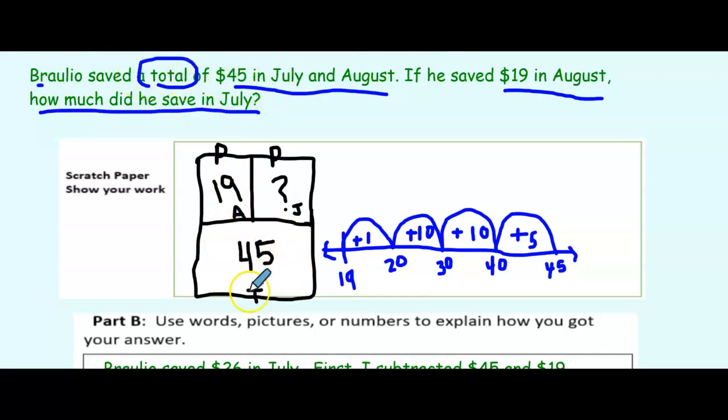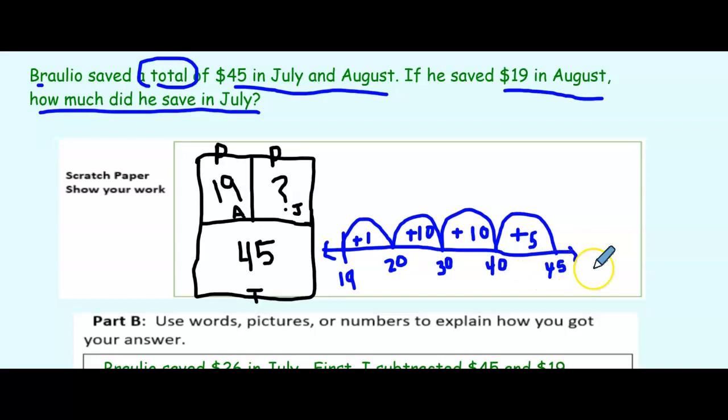Your $45 should be in your total box. He saved $19 in August. That's part of the total. So let's put it in the first part box. How much did he save in July? That's the other part. We do not have a number, so you should have a question mark.